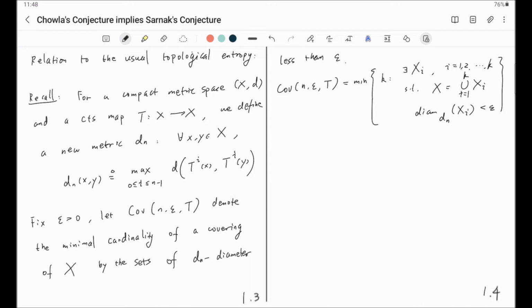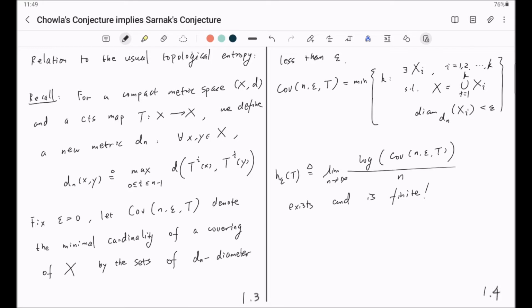And now, if you look at the logarithm of C(n, epsilon, T) divided by n, it turns out this limit exists, and it's finite.